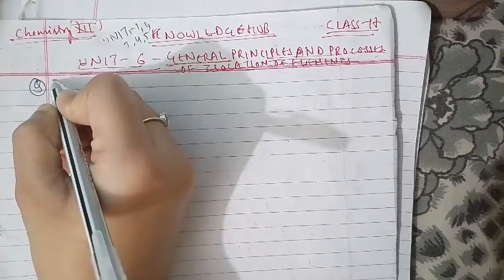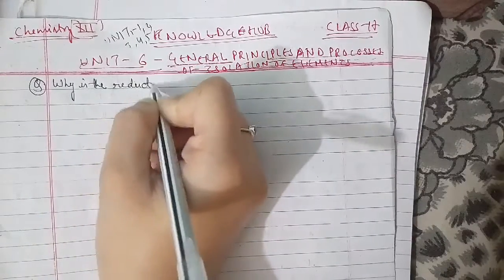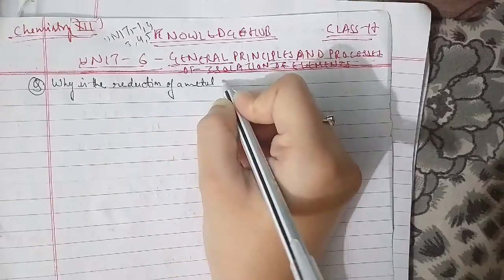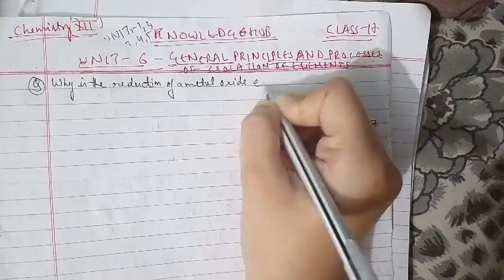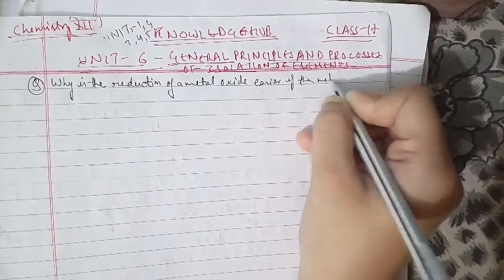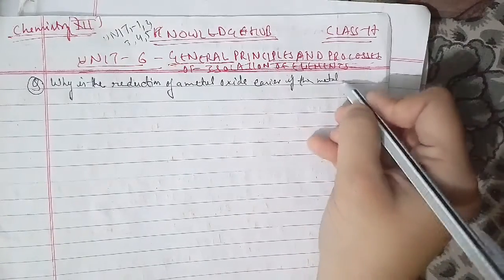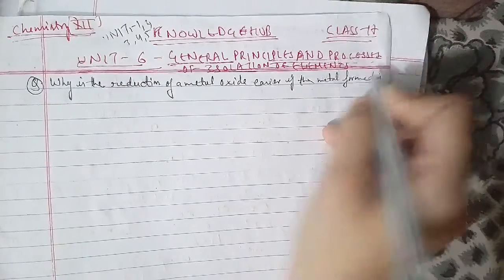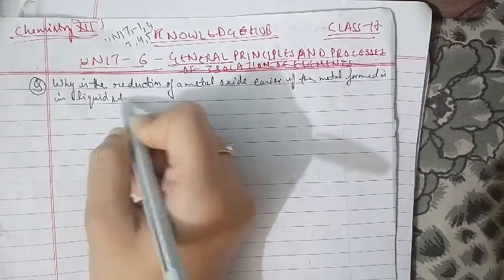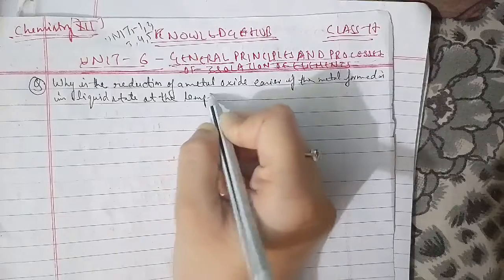Why is the reduction of a metal oxide easier if the metal formed is in liquid state at the temperature of reduction?